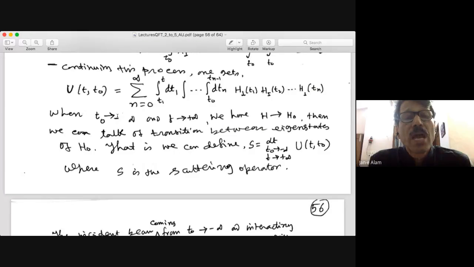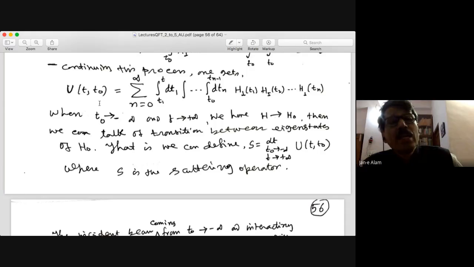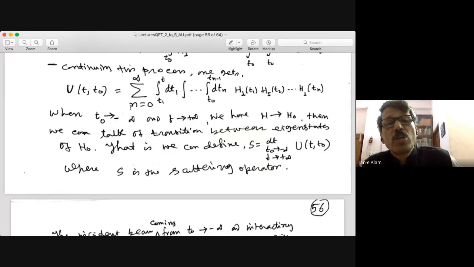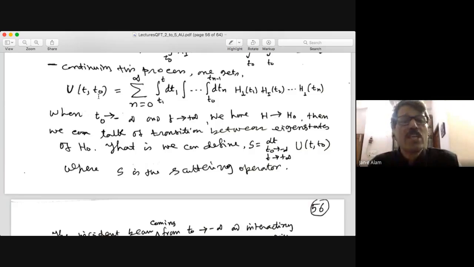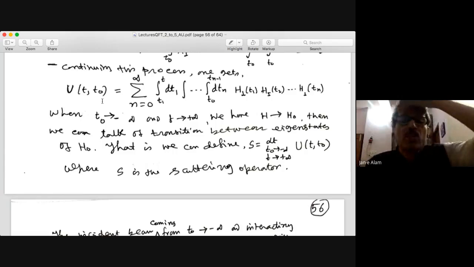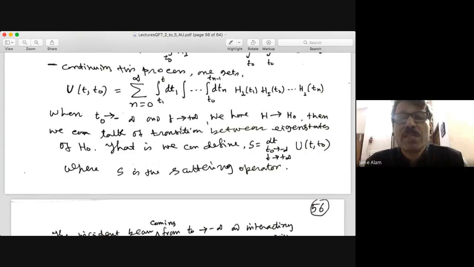The time limit here is from t_0 to t. Now if I take t_0 equal to minus infinity, then I am in the remote past. And if I take t tends to infinity of this u, I am in the far future. From remote past to far future, I am going through this interaction. So this u is the ideal quantity which will help me to understand the physics.